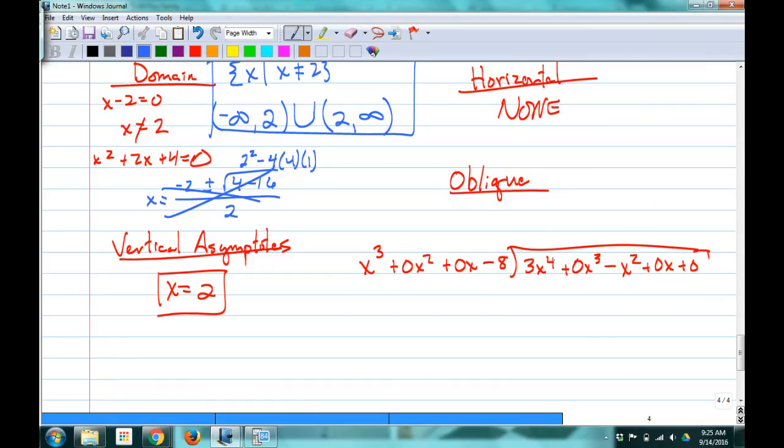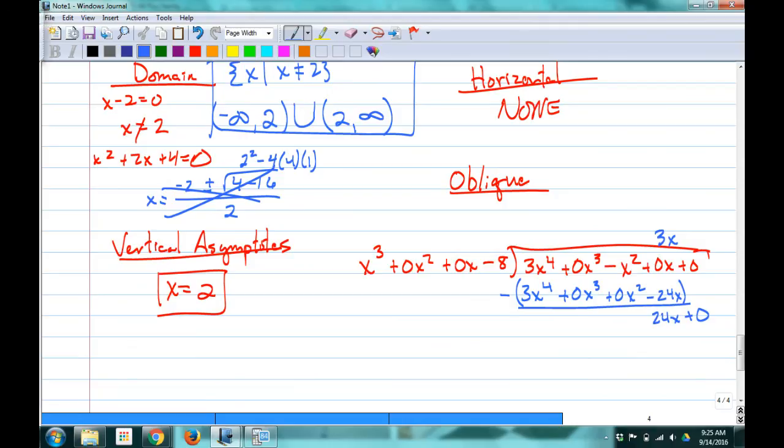What times x cubed gives me 3x to the 4th? 3x. Distribute. 0x cubed, 0x squared, and then negative 24x. Subtract. That's 24x plus 0.